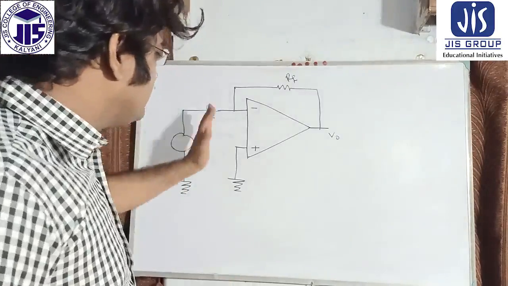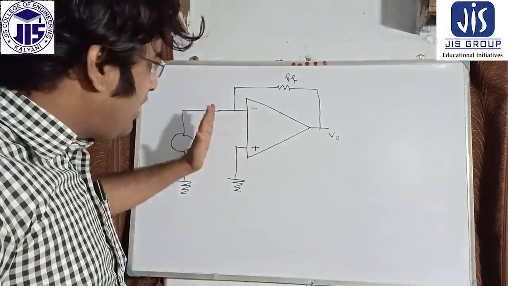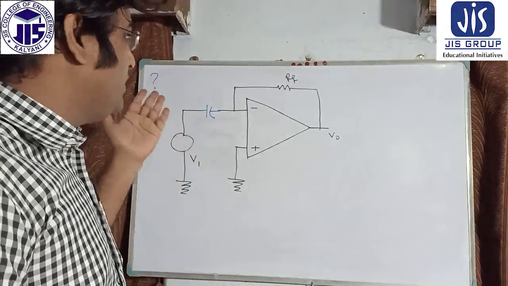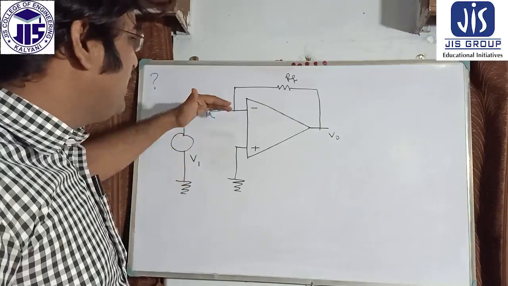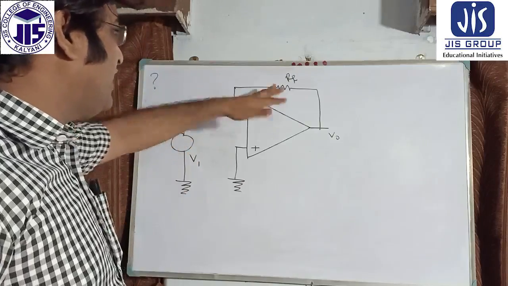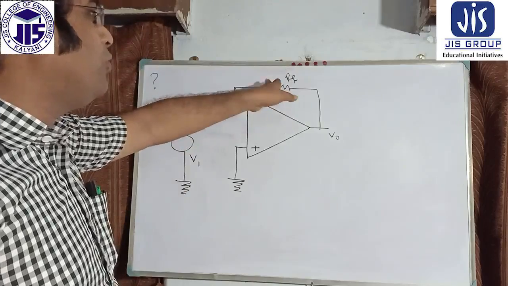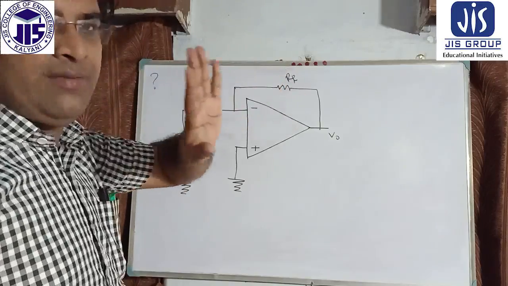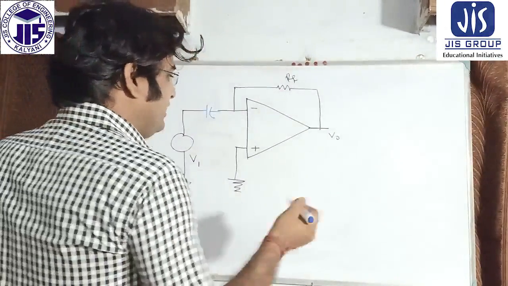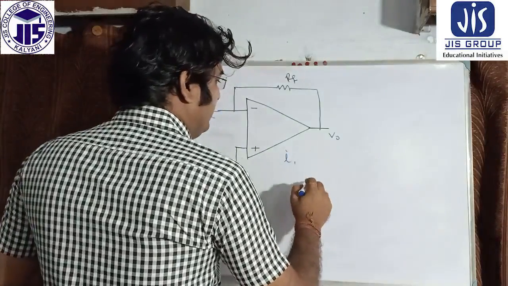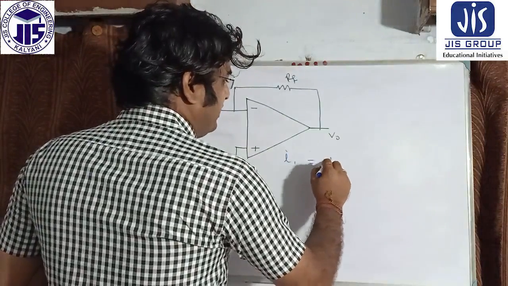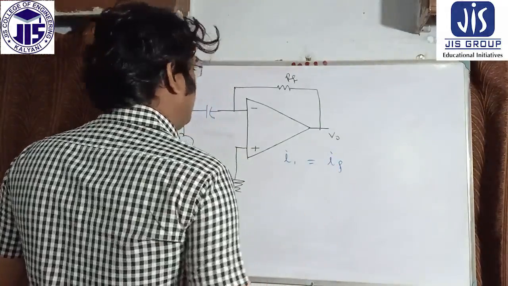So analyze this particular thing with the same concept we have introduced. The current here on the input side and the current here on the output feedback side are the same. That means the current here, II, and the current here, IF, are the same.